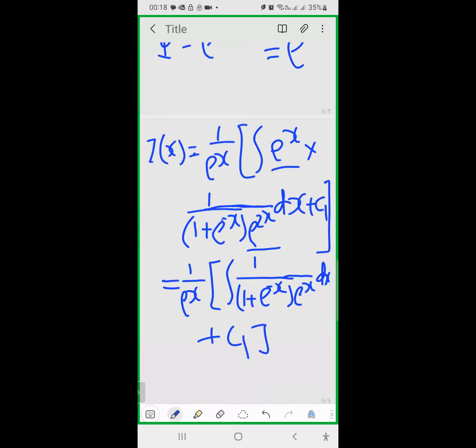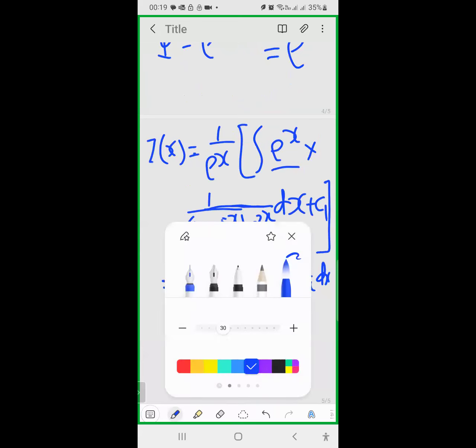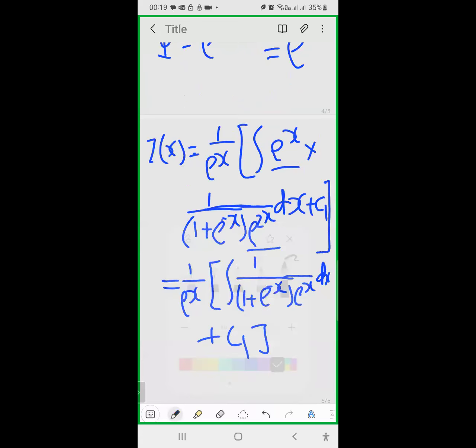Then we're going to integrate this by using u substitution. So we're going to let u be equal to 1 plus e to the power minus x.